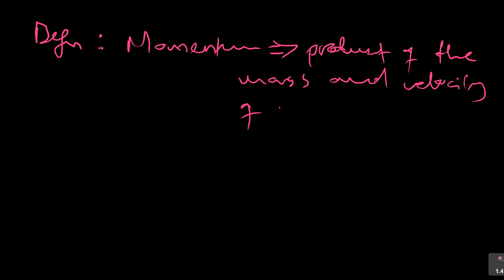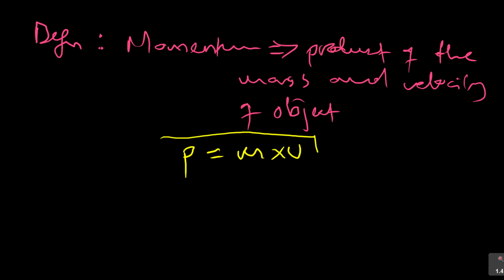So don't forget that it is the product of the mass and velocity of an object. Now momentum P is equal to m times v, so you can get the definition here to say it is the product. Product means times, that's the definition there, product of the mass and velocity of an object.